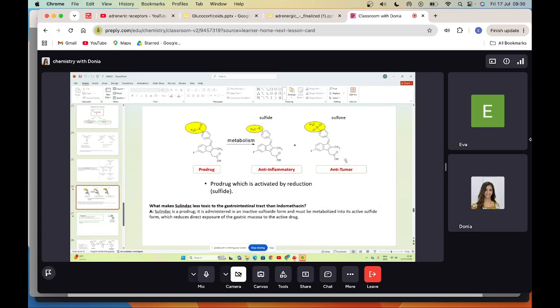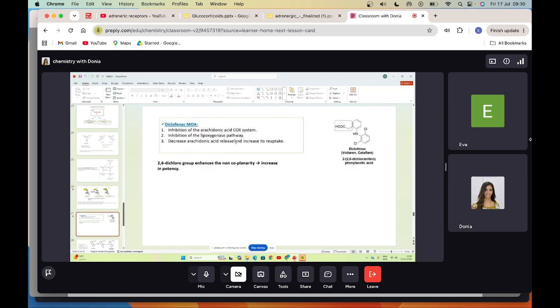Here the Z isomer has the bulky groups on the same side, the presence of this CH3 and this ring increases the non-coplanarity also. So if these two chloro groups are not present, they will not be non-coplanar, and this would decrease the potency. So the presence of this ring is very important for the activity.